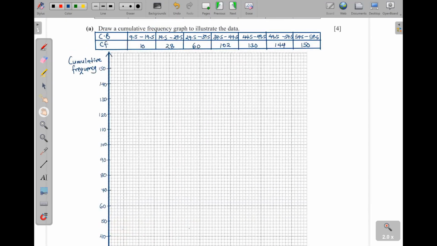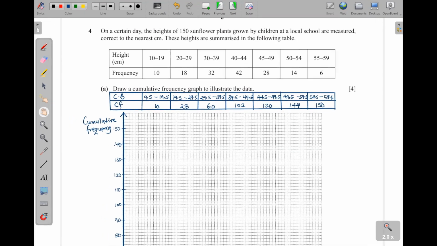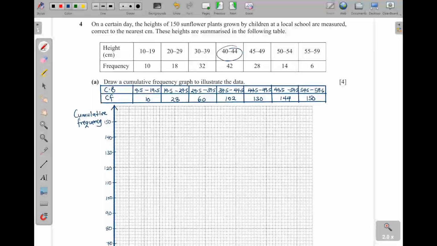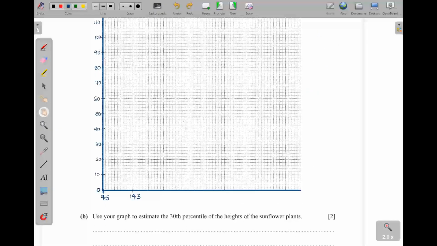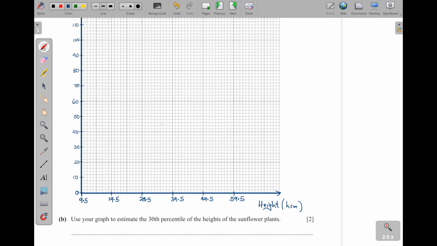Don't just write from 9.5 to 19.5, because for this one the class width is just 5, even here it is 5, and yet these ones are 10. So you have to be careful. The scale has to be the same down here. So this is 29.5.